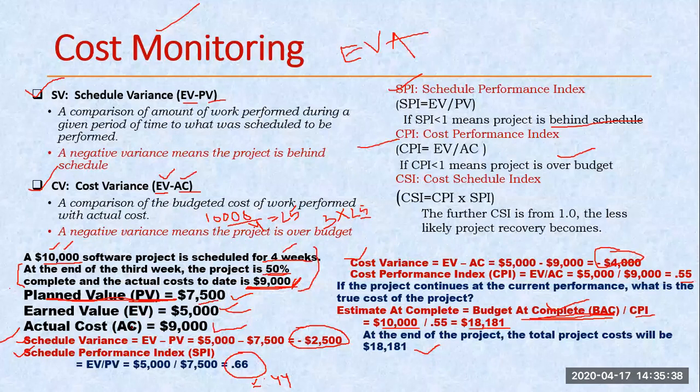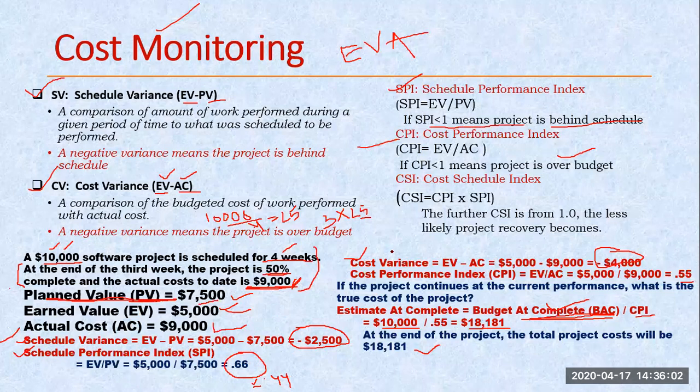Once I am able to find these 3, I can put them into the given relations or formulas, and we can get the value. If this value is negative, that means we are behind schedule. If SPI is less than 1, that is already given here, it means the project is behind schedule.